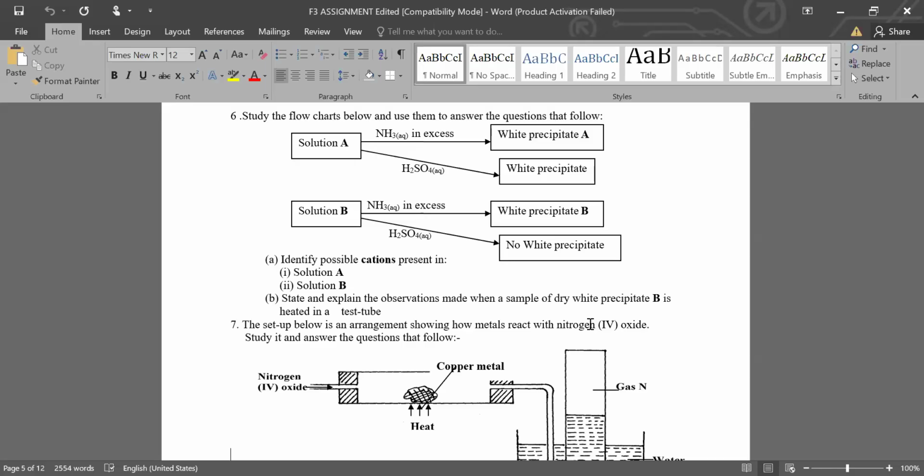So on the coolest part of the test tube, colorless liquid will be formed. That is the observation that will be made.